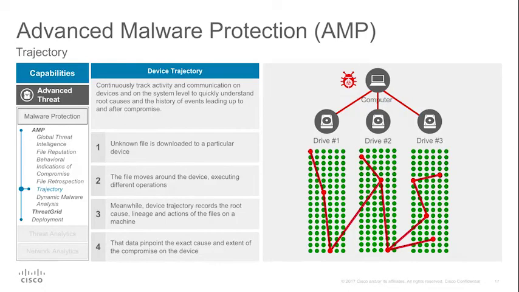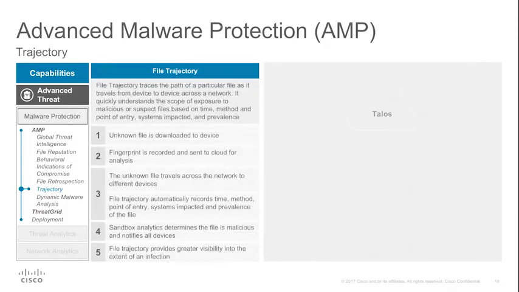By leveraging the power of big data analytics, AMP captures and creates a visual map of these file activities, providing visibility of all network, endpoint, and system-level activity, enabling security personnel to quickly locate malware point of entry, propagation, and behavior. This gives them unprecedented visibility into malware attack activity, ultimately bridging the gap from detection to remediation to control of a malware outbreak. This is a key enabler of retrospective security through Cisco.